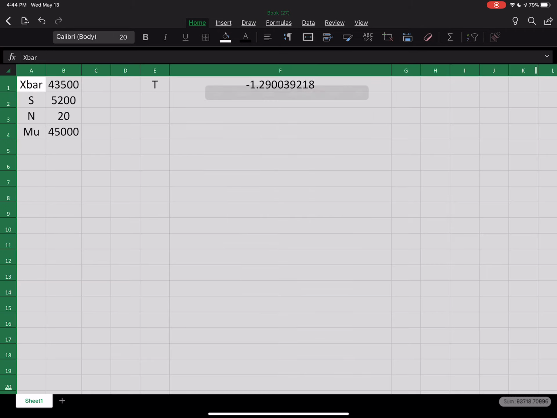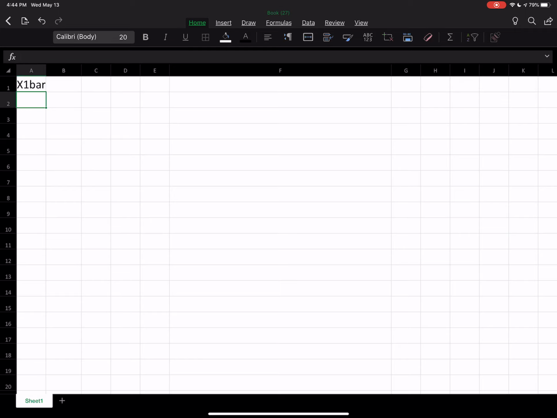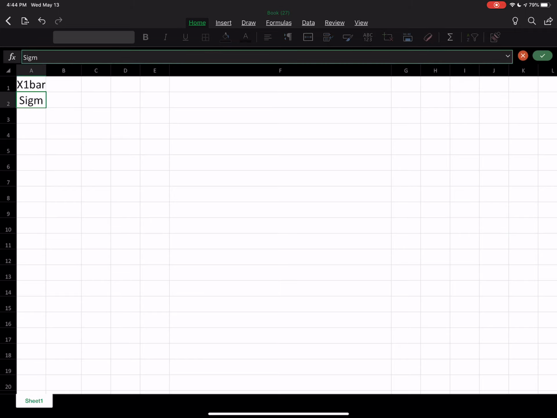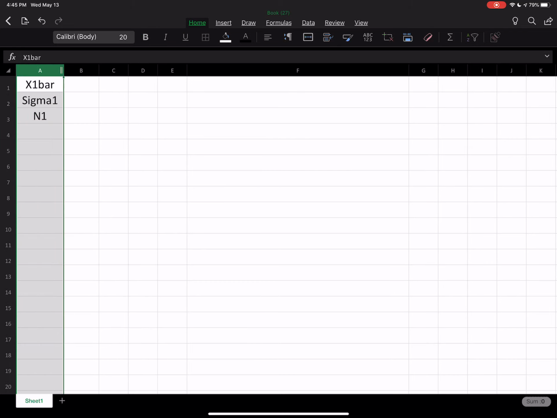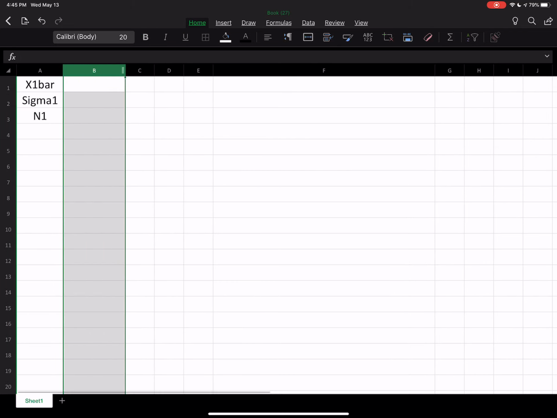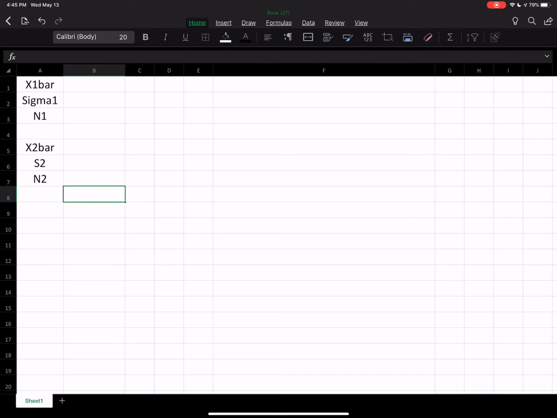And let's delete all of these and let's write the two groups of information that set the values. x1 bar, sigma 1, and n1. I think it should be a little wider. Very good. Okay, and I have x2 bar, sigma 2, and n2, guys.